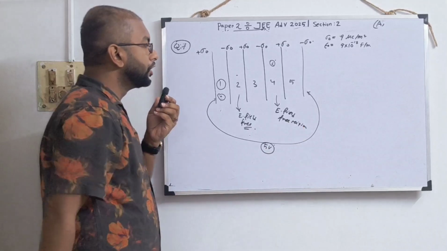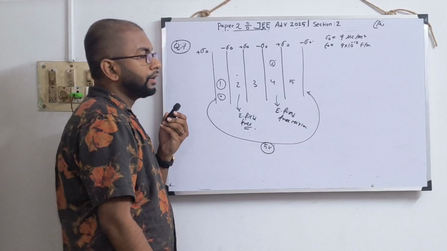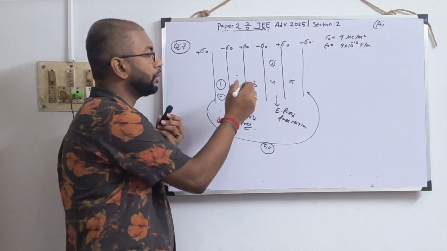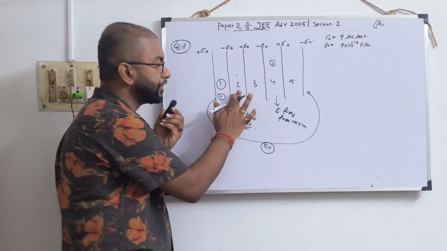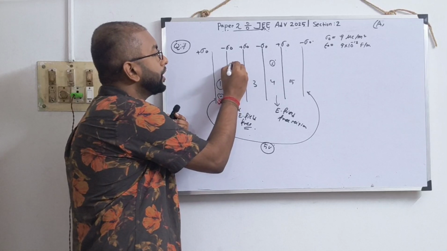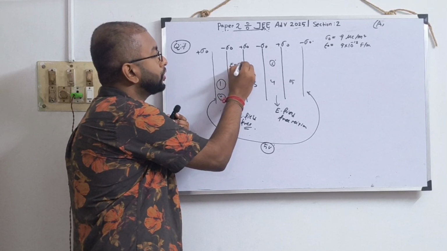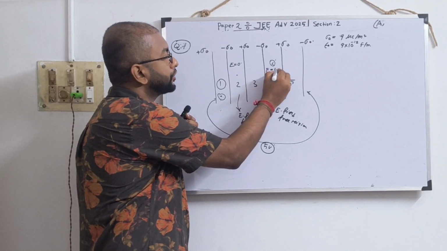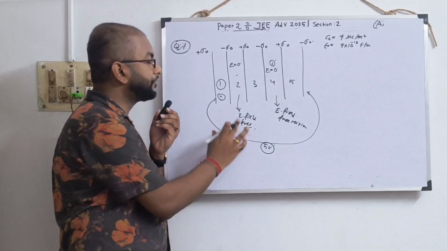Let us study. So to study that, let us find out the electric field in all those regions. So by now we have already found out that region 2 and region 4 is electric field free. So electric field in this region 2 is 0. Of course electric field at region 4 is also 0. So what will be the electric field in region 1?